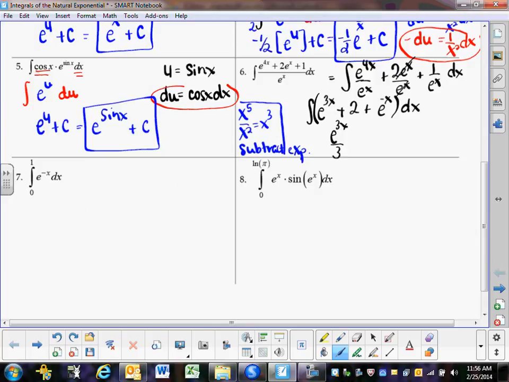So the antiderivative is dividing by 3. The antiderivative of 2 is 2x. And antideriving e to the negative x is, instead of multiplying by negative 1, I'm going to divide by negative 1. So my final result could be written as 1/3 e to the 3x plus 2x minus 1 over e to the x plus c.